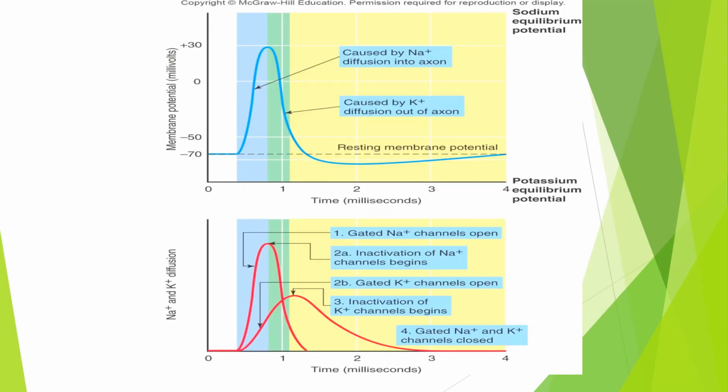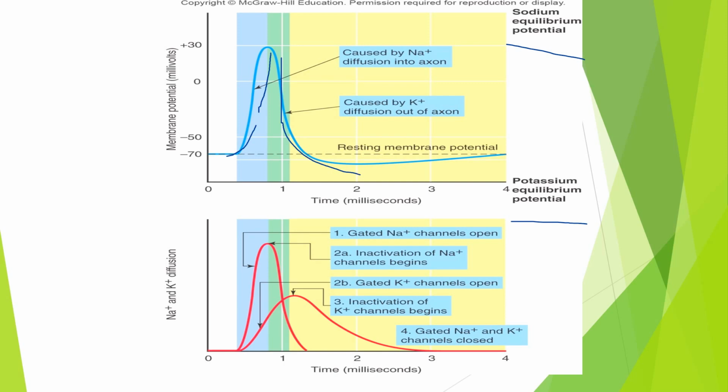So here's another visual to look at this in terms of sodium and then potassium. With sodium, we have a net increase in ions moving in, and then potassium moves out of the axon.